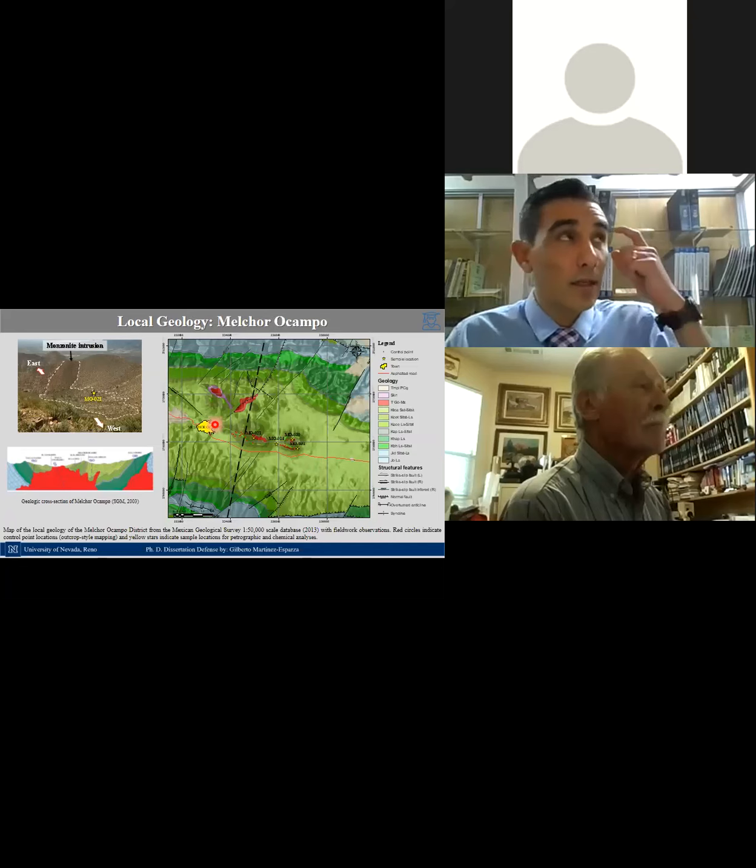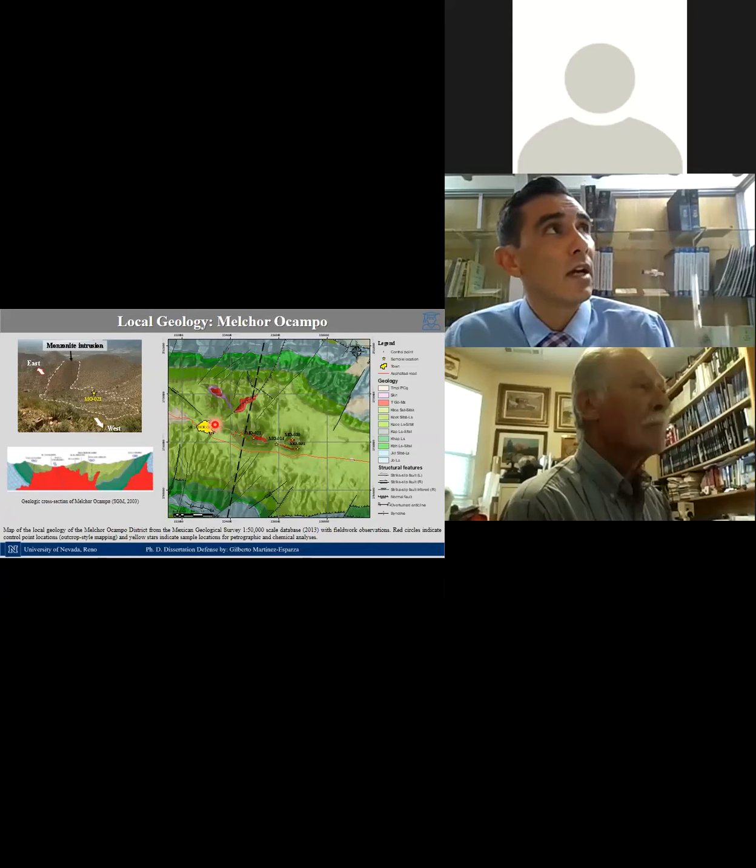Here, the intrusion composition is a monzonite, although some studies show there is a small variation to granodiorite here in the northern part of the district.